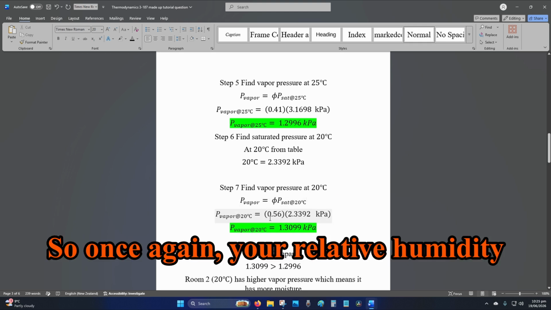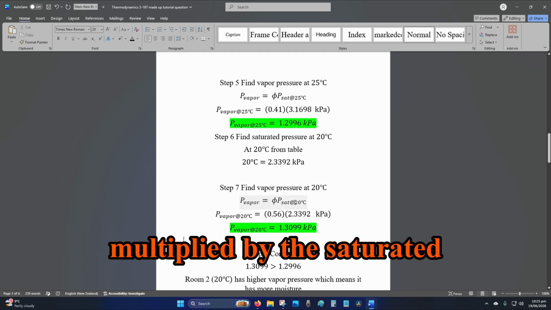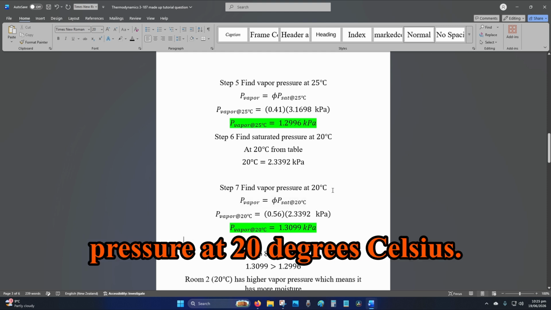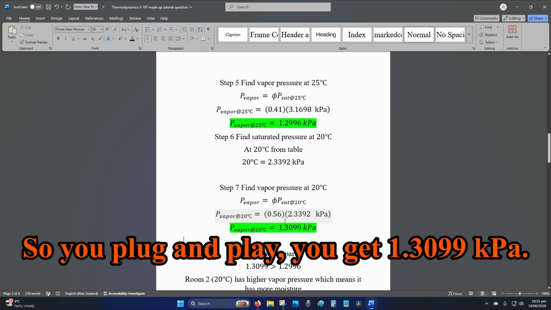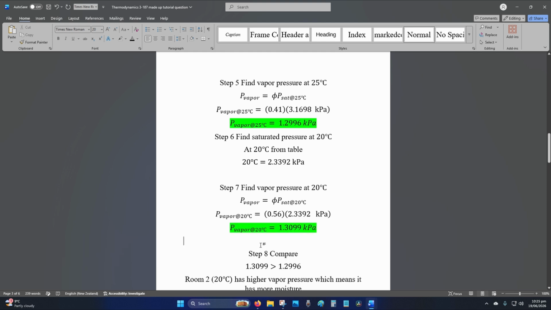So once again, your relative humidity multiplied by the saturated pressure at 20 degrees Celsius. So you plug and play, you get 1.3099 kPa.